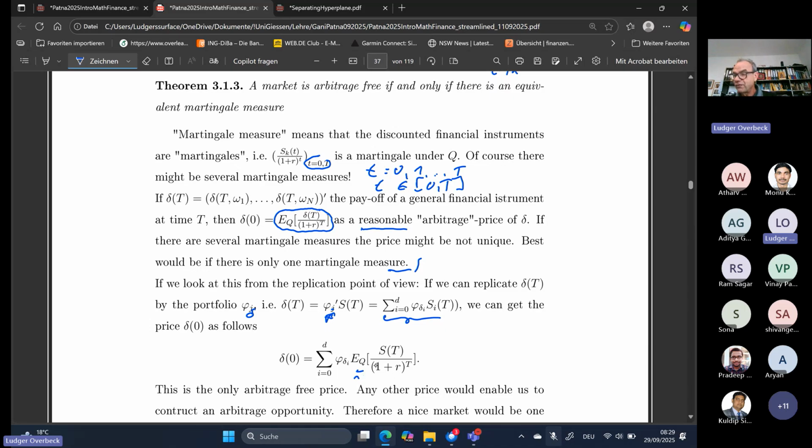So this means for every replicable cash flow at maturity, every replicable derivative in the sense of financial markets, we have the unique price. So if we have absence of arbitrage, we get the Q. If we can replicate it, then we get a consistent arbitrage-free price, and this one is then the only arbitrage-free price.